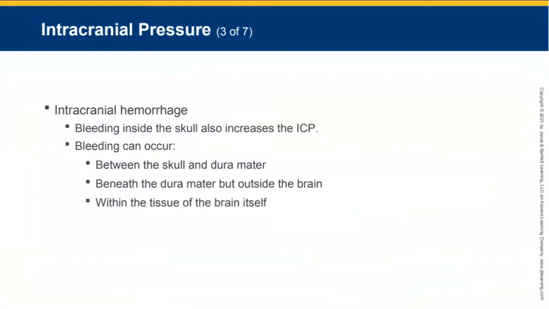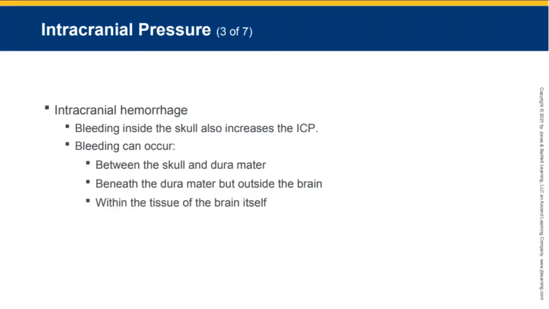Intracranial hemorrhage. Bleeding inside the skull also increases ICP. Bleeding can occur between the skull and the dura mater. If it's between the skull and the dura mater, this is referred to as epidural because it's above the dura.